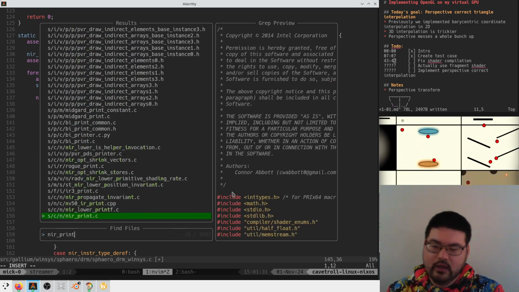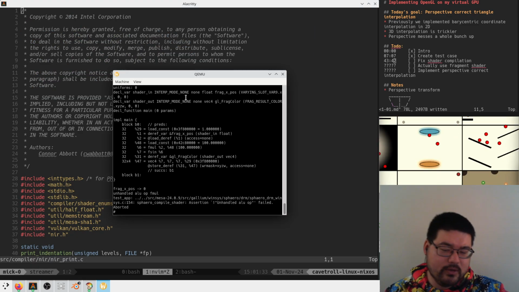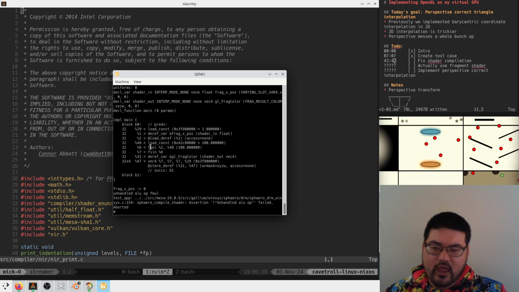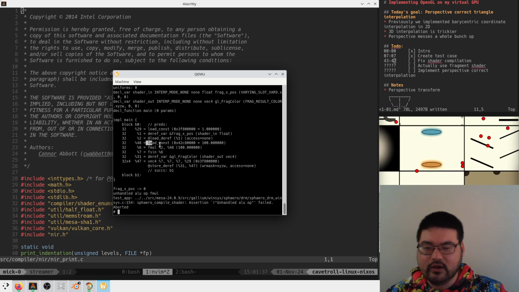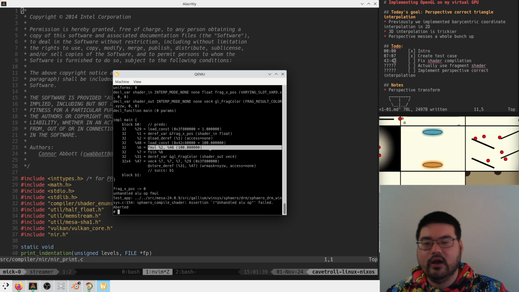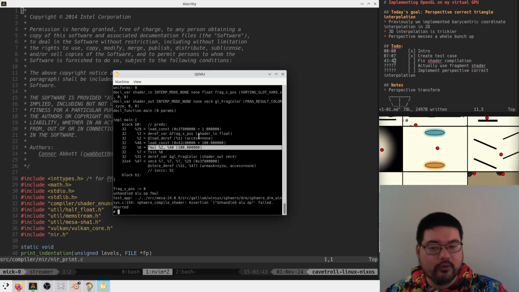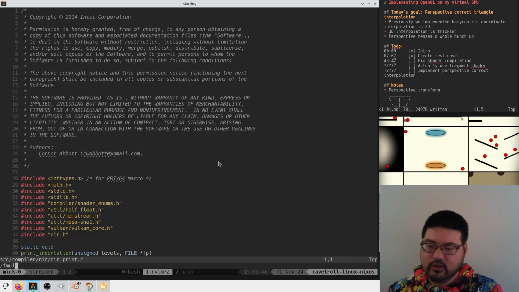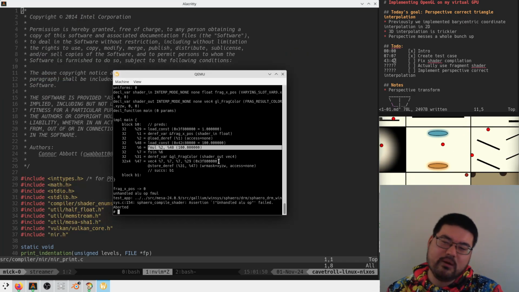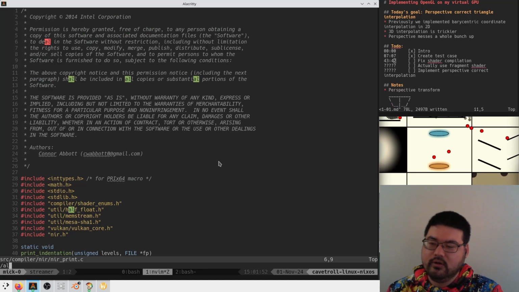This NIR is the Mesa intermediate representation, basically what we're seeing printed here. And we can look for where it talks about fmol here, and we can use those to figure out how we're supposed to inspect the arguments of this operation, right? So we can look for the word fmol. Oh, it's probably doing ALU op.